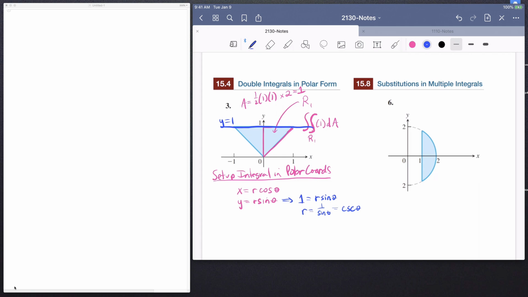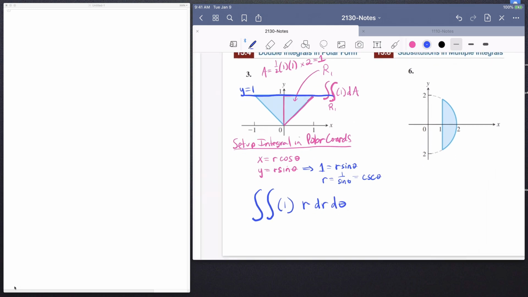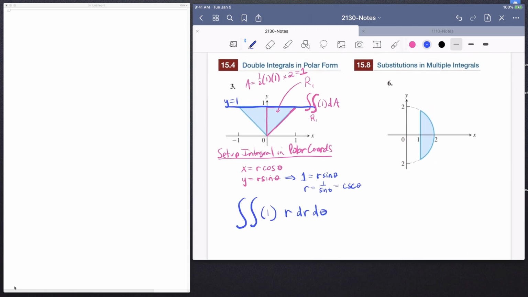All right, so if we're trying to set up this region of integration in polar coordinates, we would integrate 1 again, like always, and then we'd have the r dr d theta, as we always do for dA. But then we'd have to set up the limits of integration.